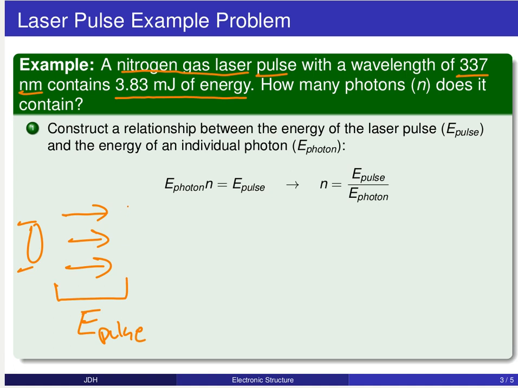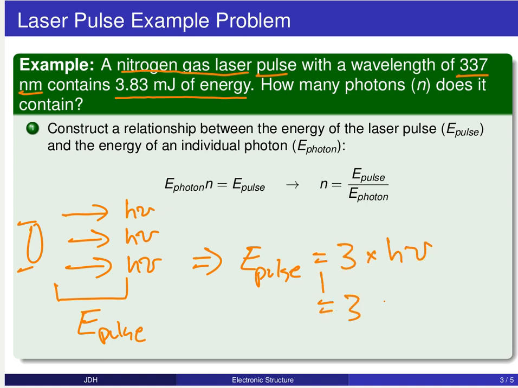We know that each photon coming out is going to have an energy equal to h nu. So in this little illustration, if we had 3 photons shooting out of the laser, then the energy of the pulse is going to equal 3 times h nu, or 3 times the energy of the individual photon.